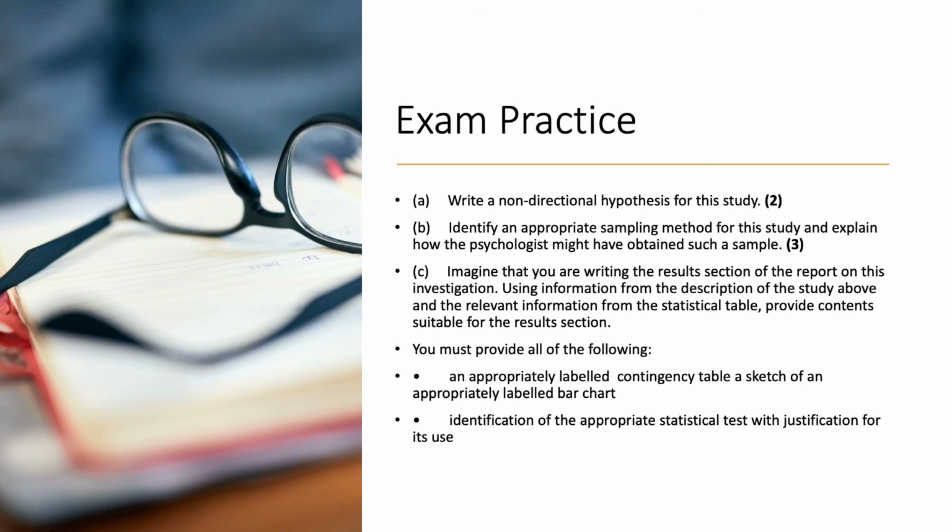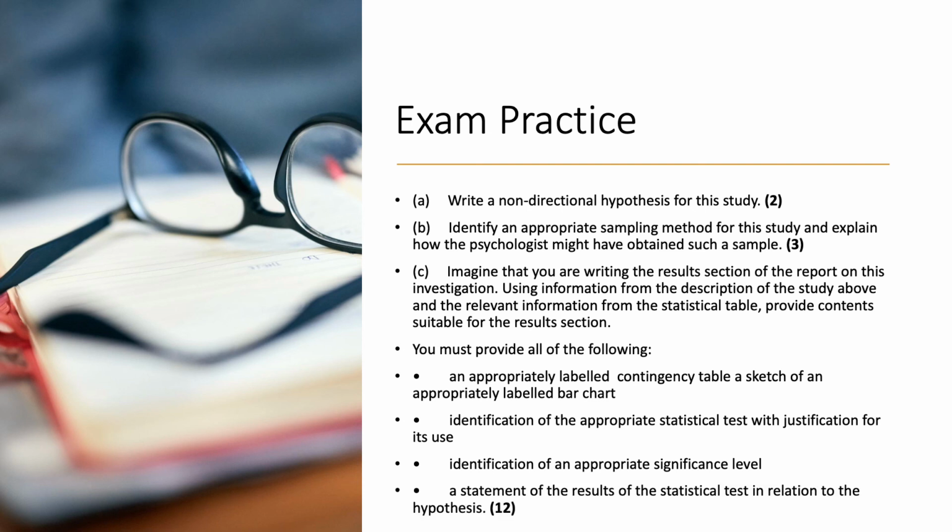Next is identification of the appropriate statistical test with justification for its use. So have a look at the table and tell me which statistical test we're going to use and why. So say what level of measurement it's using, what the experimental design is. Then, identification of an appropriate significance level. Remember, if it doesn't state the p-value, then it's going to be p is less than or equal to 0.05.